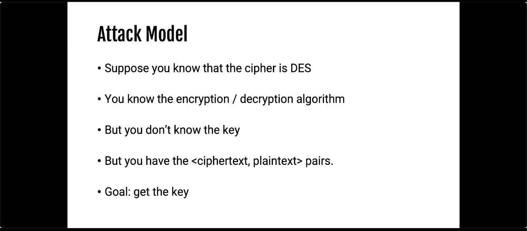And because of that, you know the encryption and decryption algorithm, exactly the design that I just showed you, right? You even know those S-boxes, you know the Feistel network, you know the entire encryption and decryption algorithm. However, you don't know the key. Although you know the key expansion function, and how that works, you don't know the argument. You don't know the key itself.